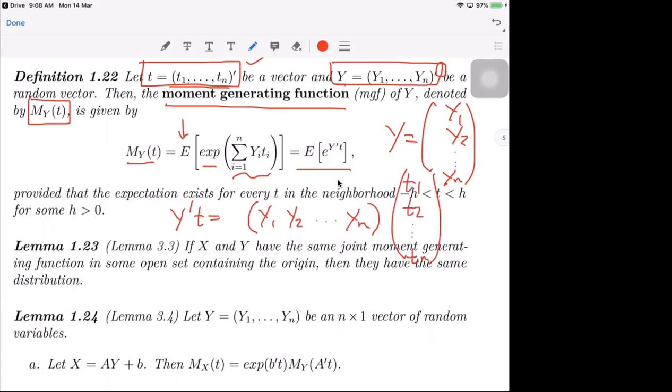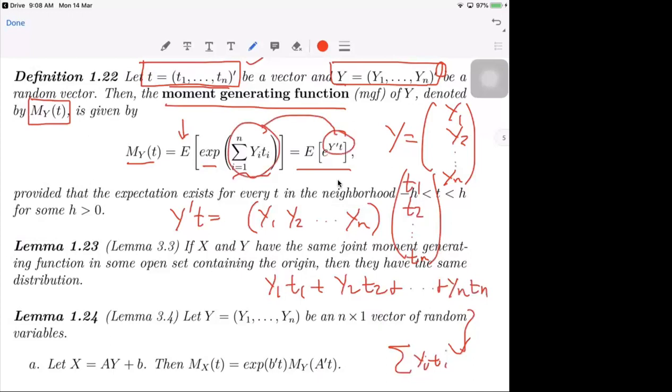So what you have here is y1 t1 plus y2 t2 plus so on and so forth plus yn tn, or equivalently the summation of y_i t_i, no? That's why this notation is equivalent to this notation.